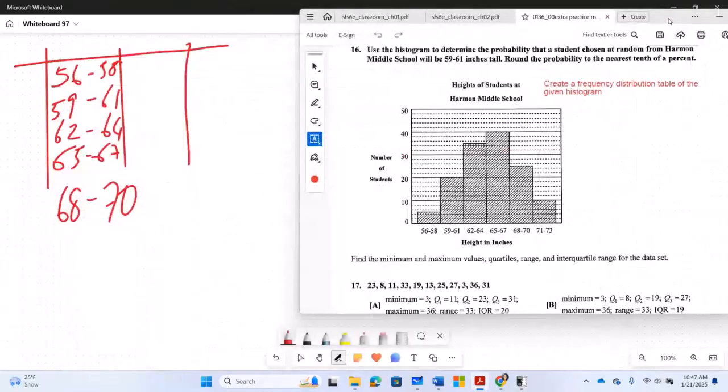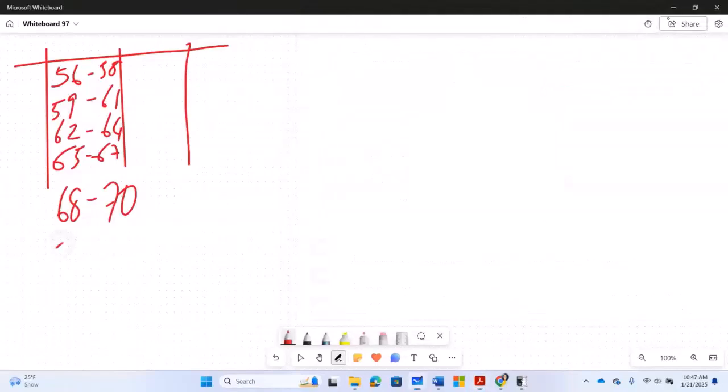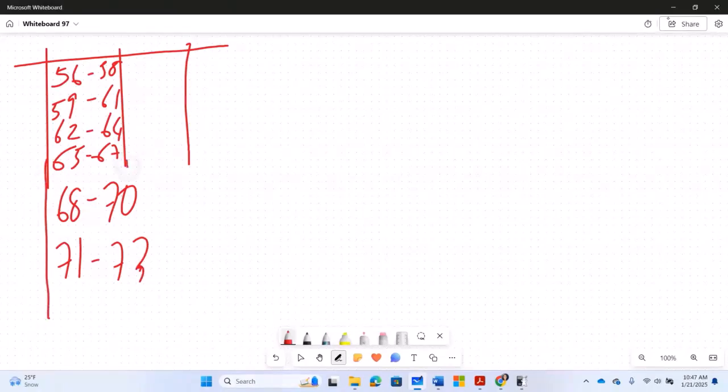All right. So now the next class is 71 to 73. Remember what I'm told to do. They gave me this frequency histogram, they did not give me the original data.